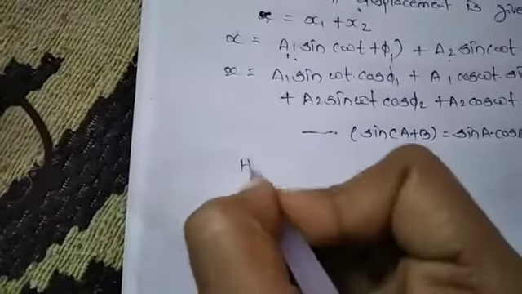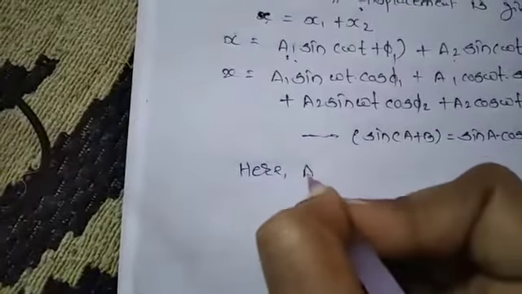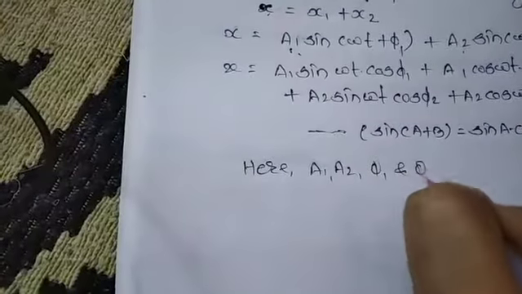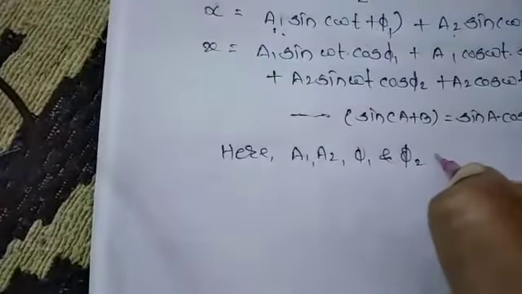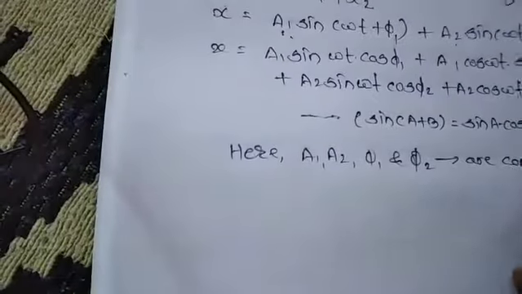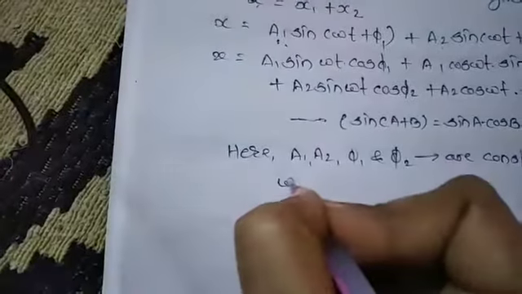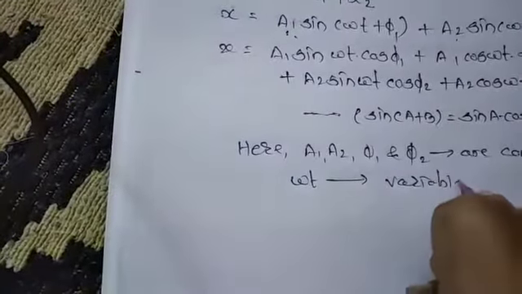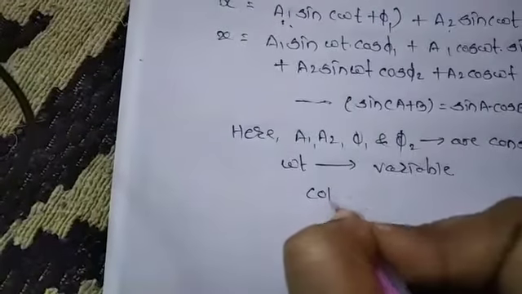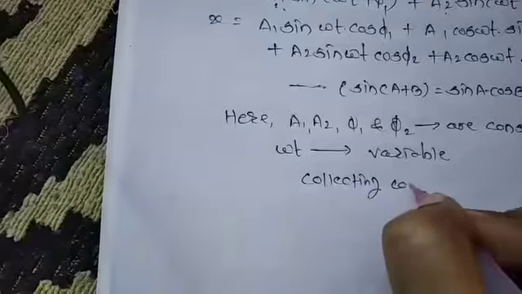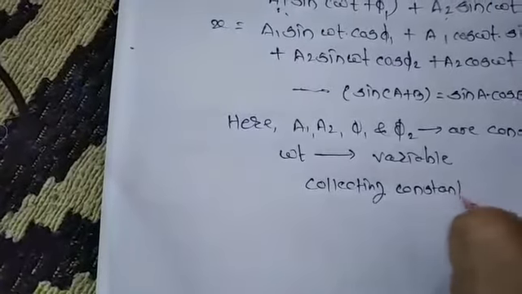Here A1, A2, phi1 and phi2 are constants, and this omega t is the variable. So collecting constant terms.